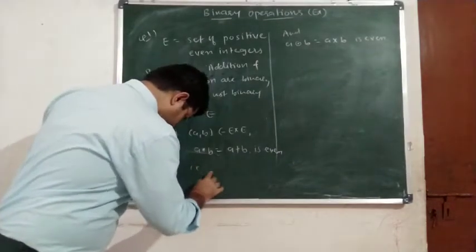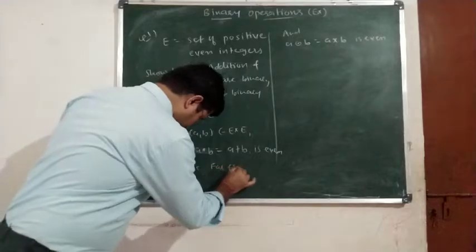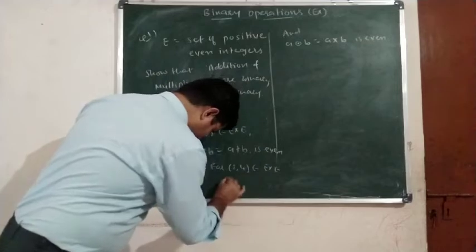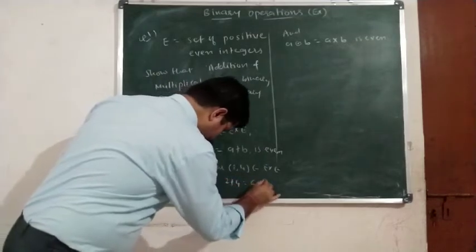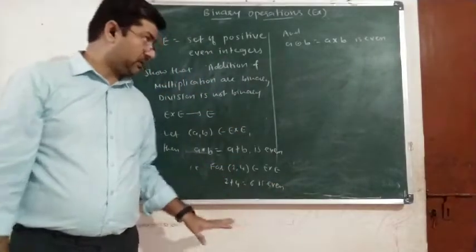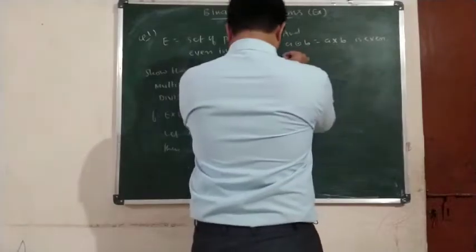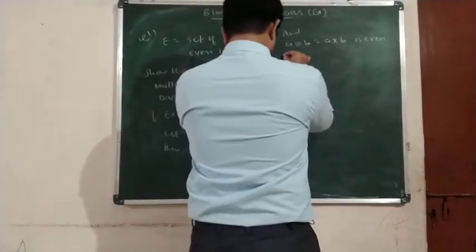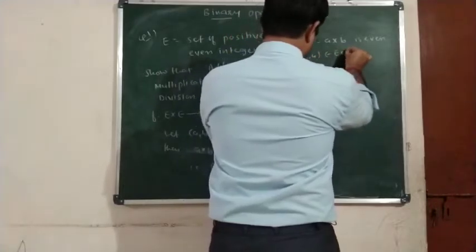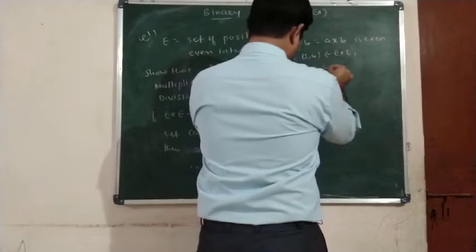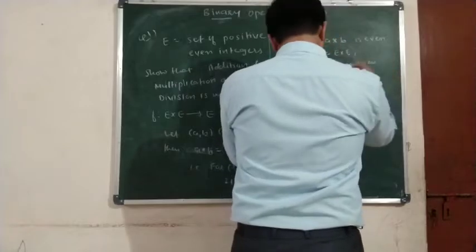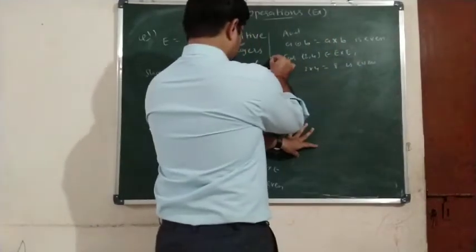Suppose 2, 4 belongs to E cross E, we know that 2 plus 4 is equal to 6, which is even, and this will be true for any two even numbers. Yes or no? Similarly, for 2, 4 belongs to E cross E, 2 multiplied by 4 is equal to 8, which is also even. Clear?